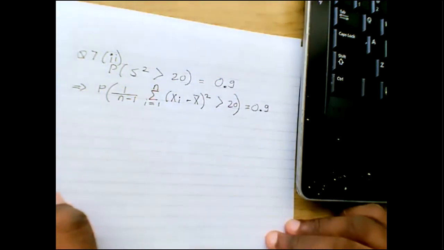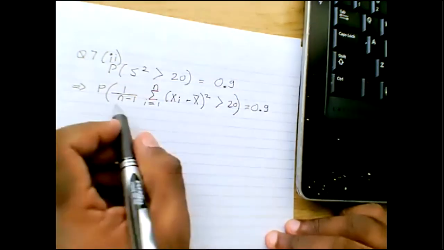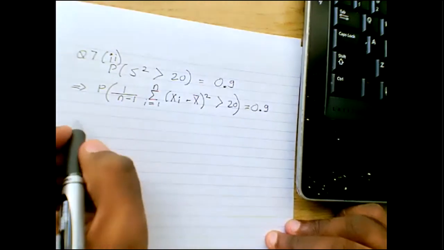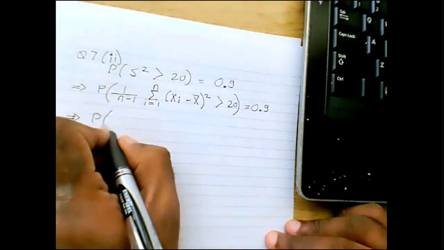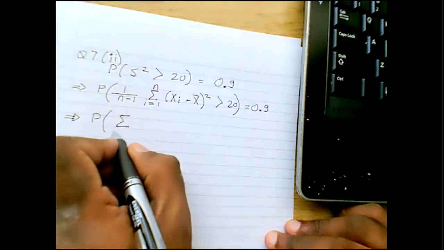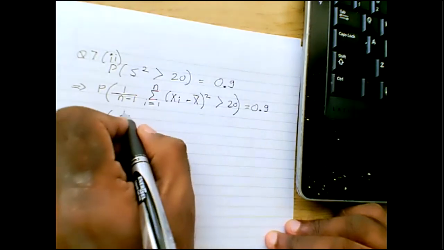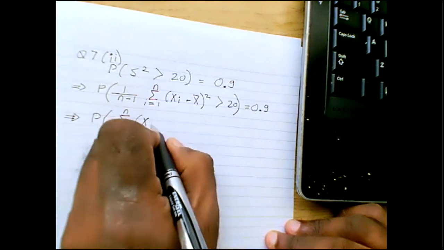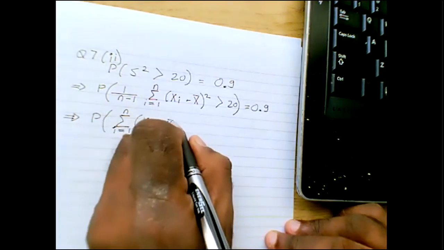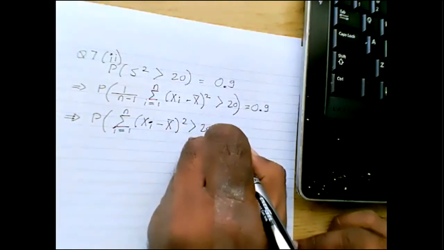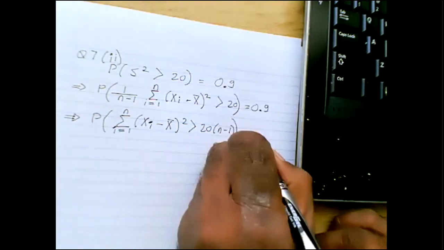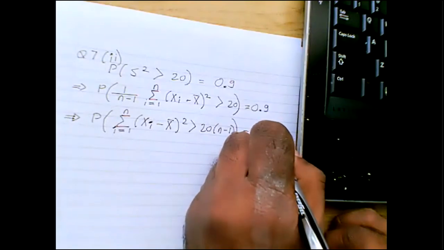All right, now if you multiply across by n minus 1, you get this.